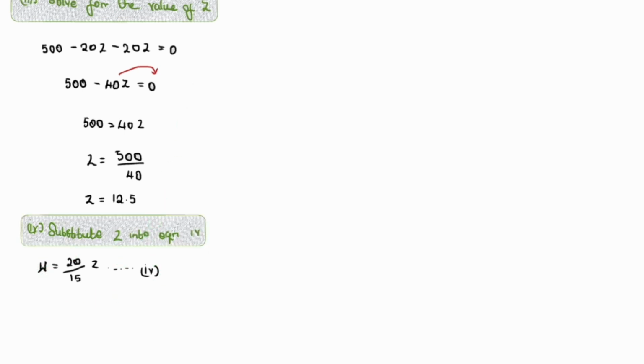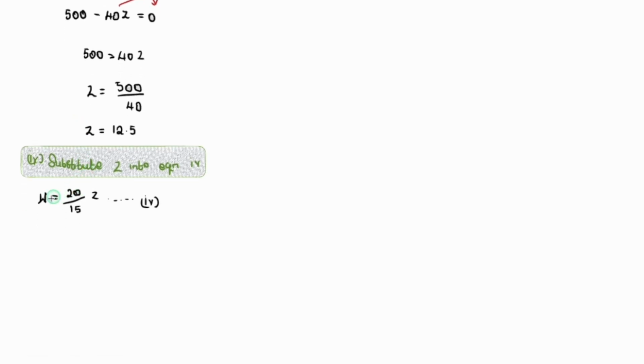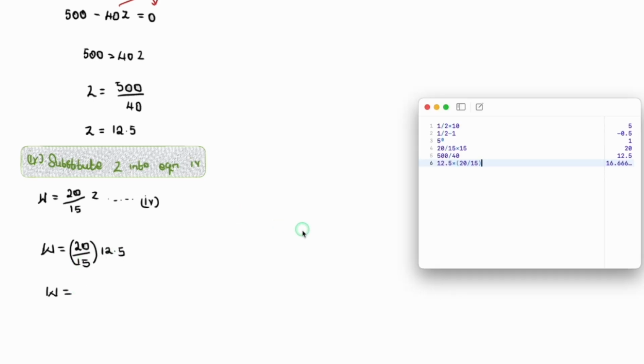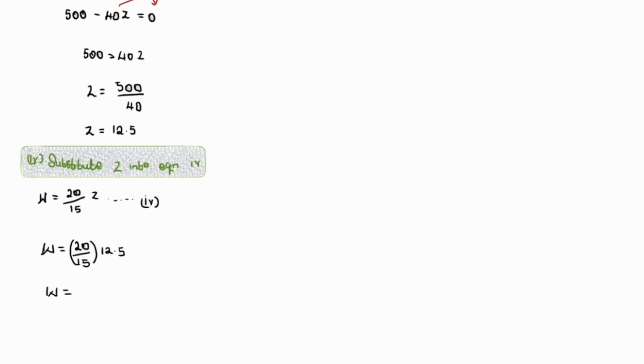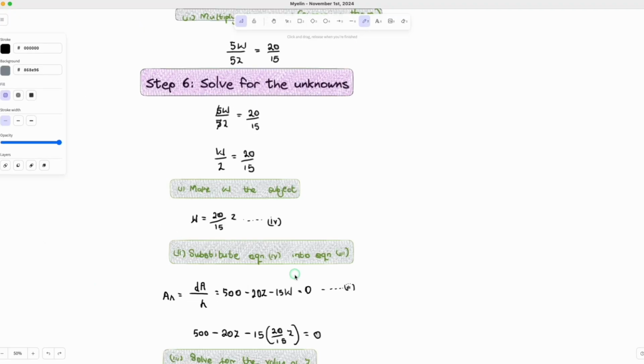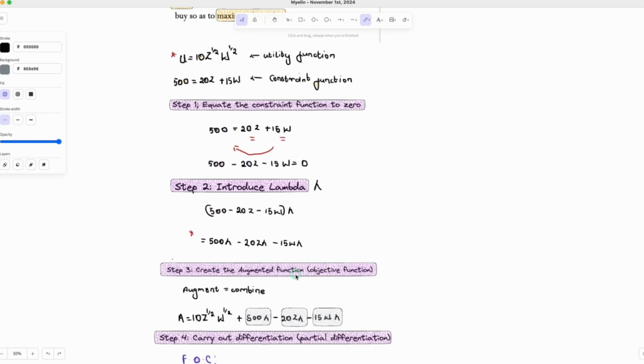I'm going to take the Z value, which is 12.5, W is equals to 20 over 15 multiplied by 12.5. That is 16.6666. So I can choose to just round it off to 16.7. So eventually we have solved what the question was asking for.